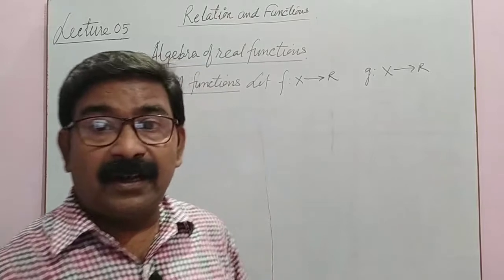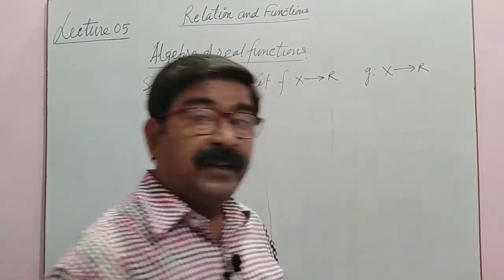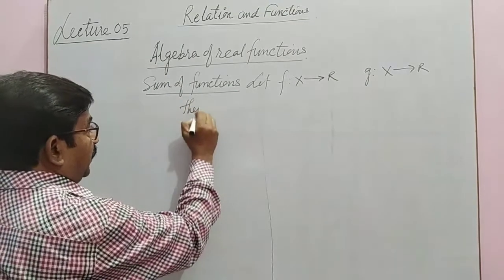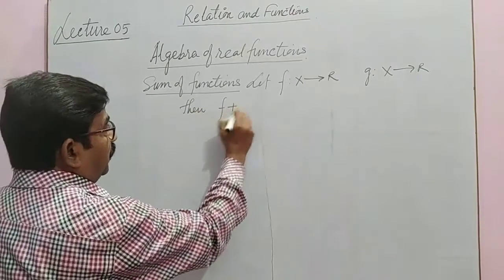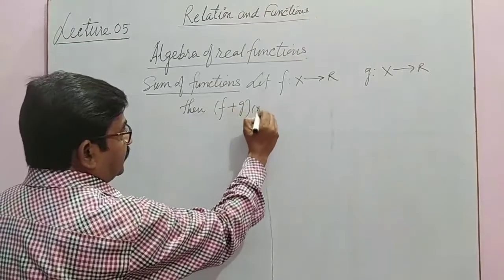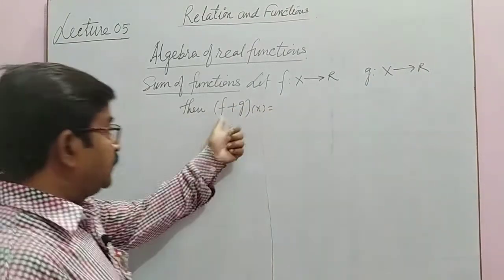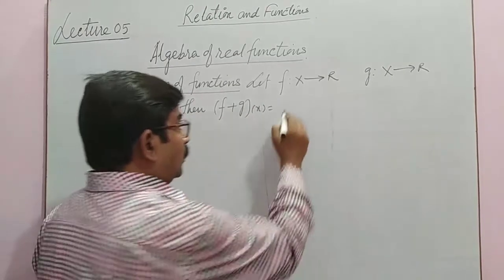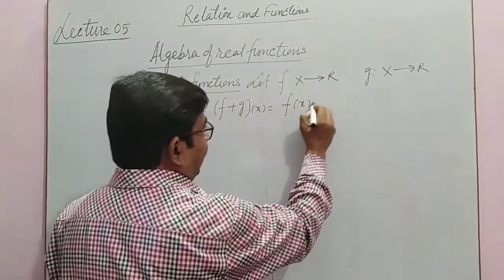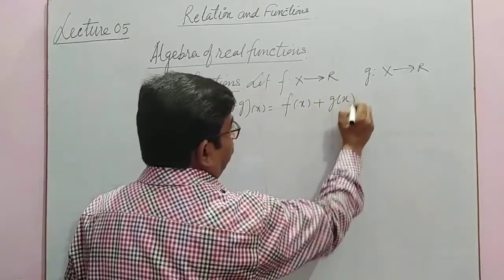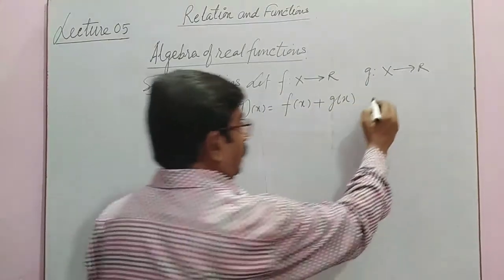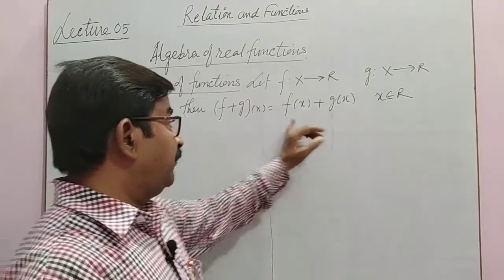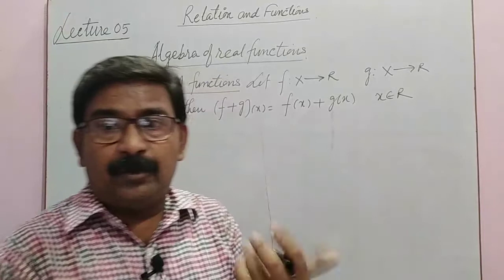If we add the two functions, then try to understand (f plus g)(x) means f(x) plus g(x). Simply we add the two functions, f(x) plus g(x), and x belongs to R.